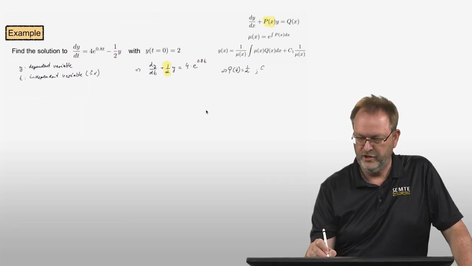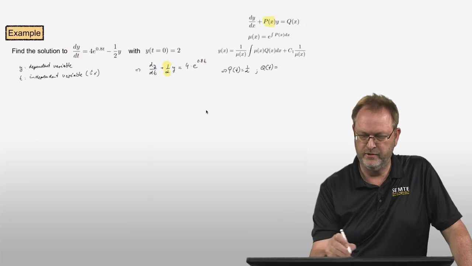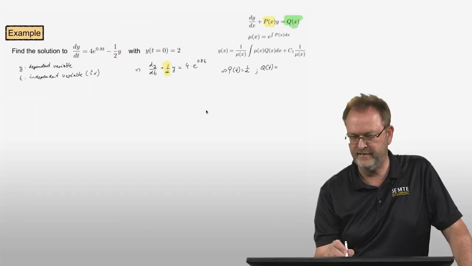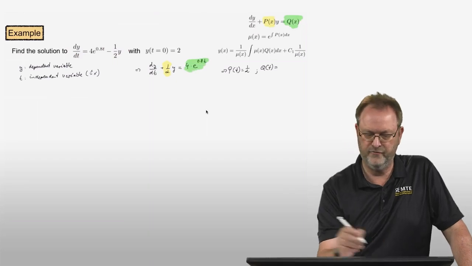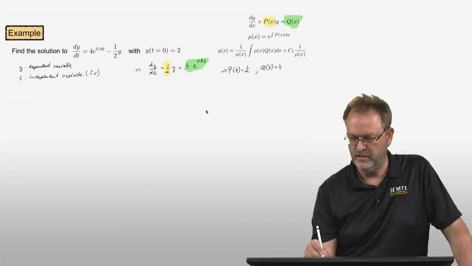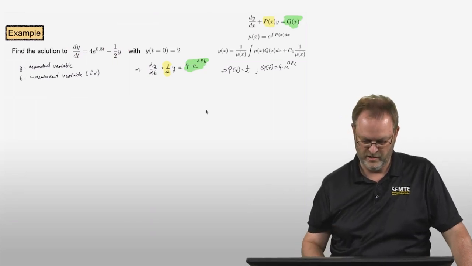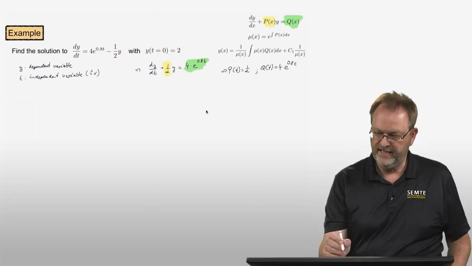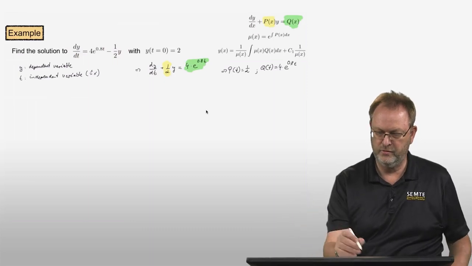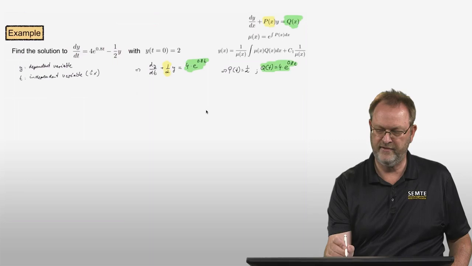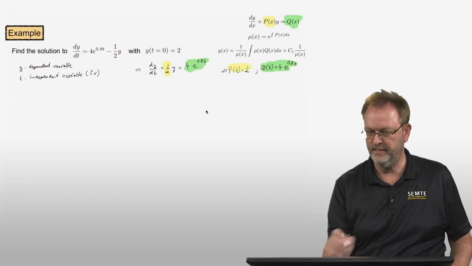And the q of t is equal to whatever we have here on the right-hand side, which is 4 times e to the power 0.8 t. All right, so we have identified our q of t. Let me just mark this here. That's this guy here. And we have identified our p of t.